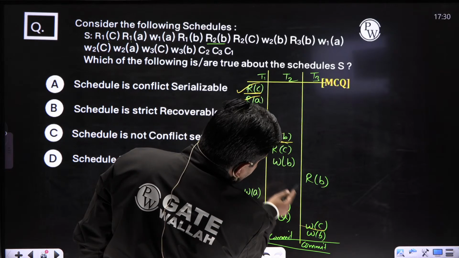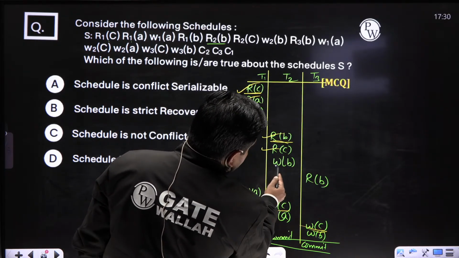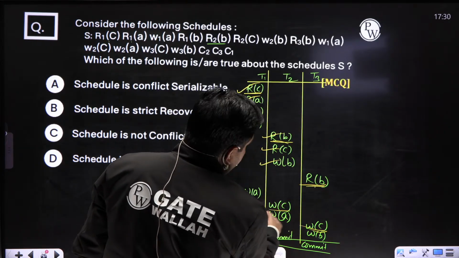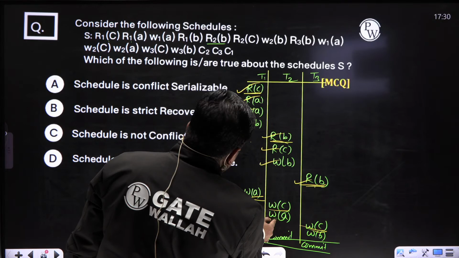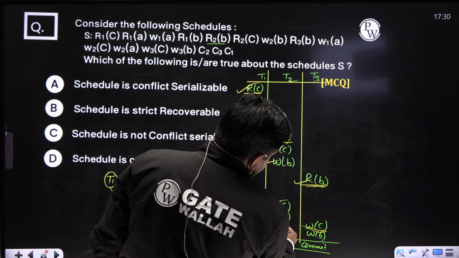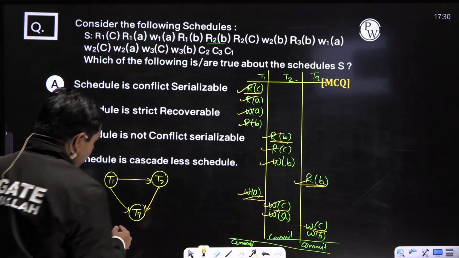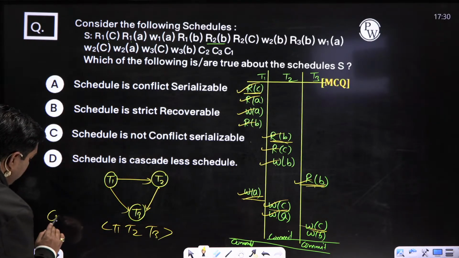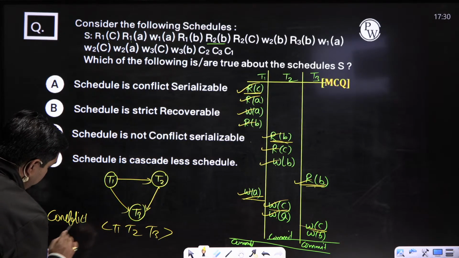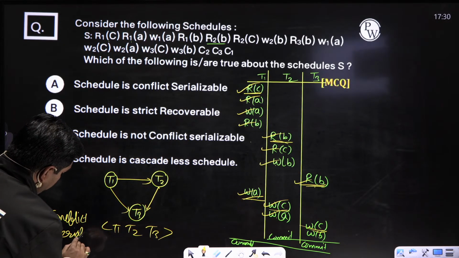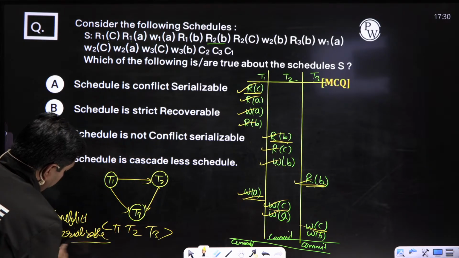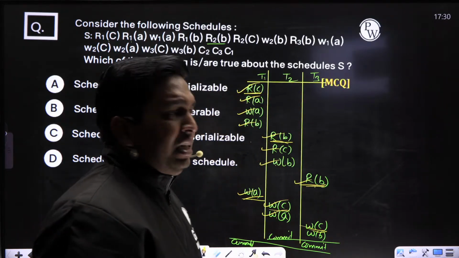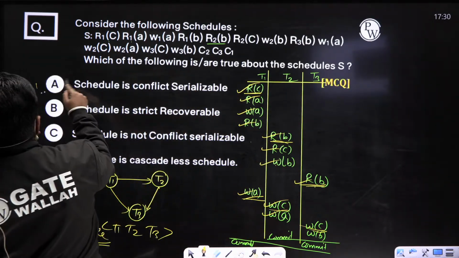Read C, already T2 to T3. Read B, already taken. Write A, T1 to T2, already taken. Write C already taken. So what we are getting? T1, T2, T3. You can say conflict serializable. It is not an MSQ. Conflict serializable has come.